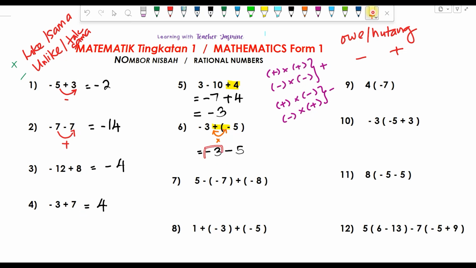So now negative 3, negative 5. Like symbols. What do you do with like symbols? You add up the numbers, right? So 3 tambah dengan 5 dapat apa? 8. So negative 8 jawapan dia. Or you are owing someone RM3 and then you owe the person another RM5. So now in total you are owing the person RM8.